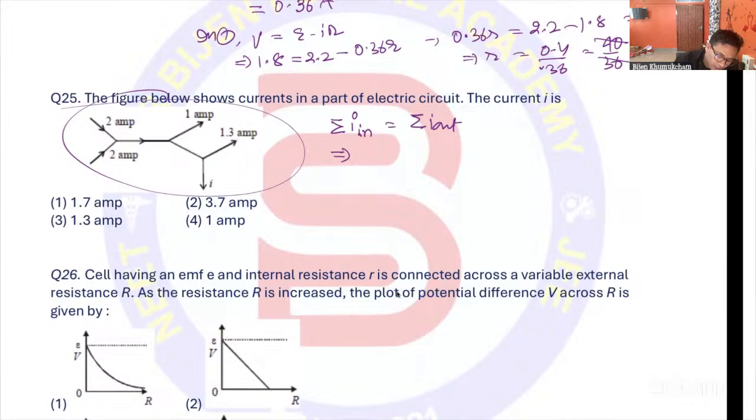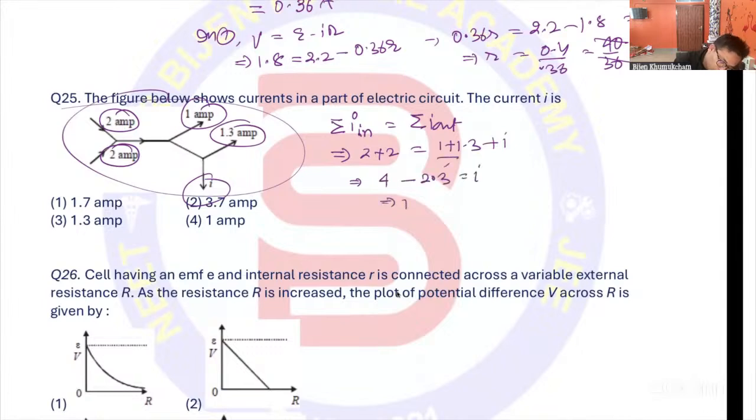What are the incoming currents? 2 ampere, 2 ampere. So it is 2 plus 2. And the 1, 1.3 and I are the outgoing currents. So 1 plus 1.3 plus I. So 4 minus 2.3 equals I. So I will be equal to 1.7 ampere.